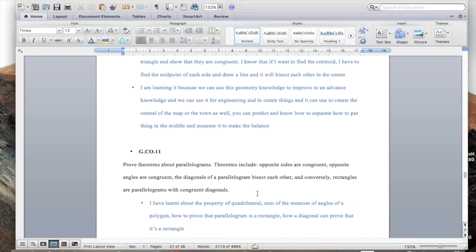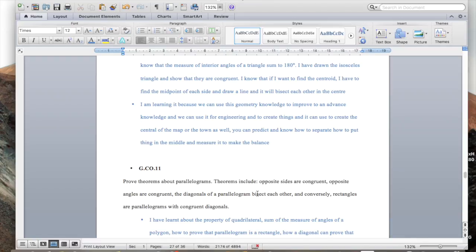And you can use it to get into a good university and be an engineer. You can predict and know how to put things in the middle and measure it to make it balanced.